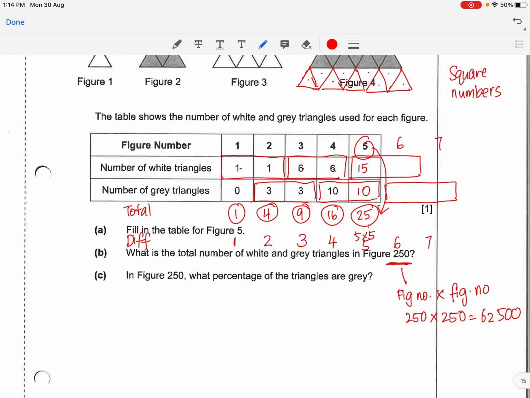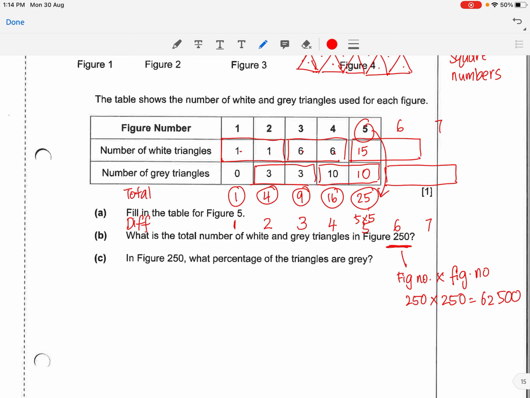So in figure 250, the difference is 250. I write what I know first. The difference will be 250 in figure 250. It will be the difference between grey and white.